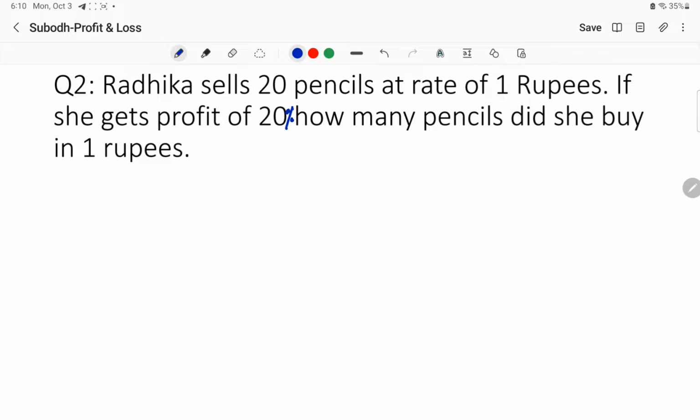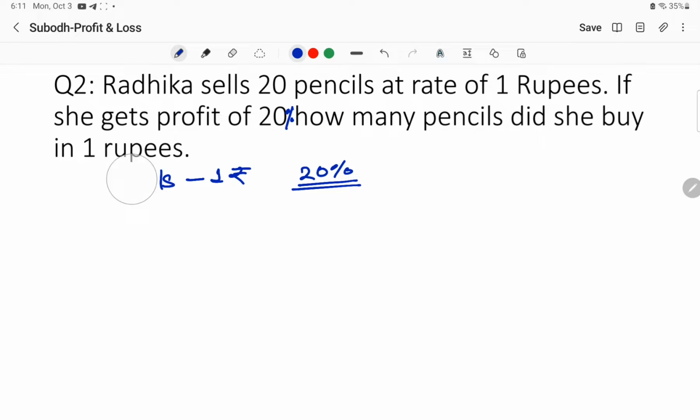We are given that Radhika sells 20 pencils for 1 rupee, and she gets 20% profit on doing this business.